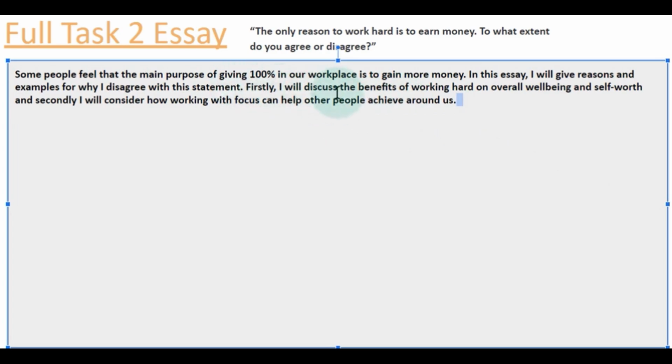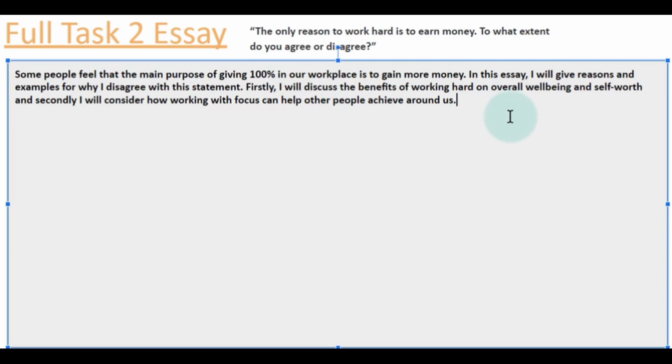Let's just read this back. Firstly, I will discuss the benefits of working hard on overall well-being and self-worth. And secondly, I will consider how working with focus, working hard, pretty much the same thing, can help other people achieve around us. I didn't say charity. I suppose that is this statement here, but that's okay. I don't have to explicitly say everything now.